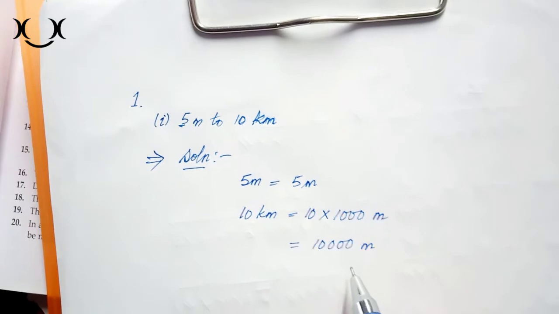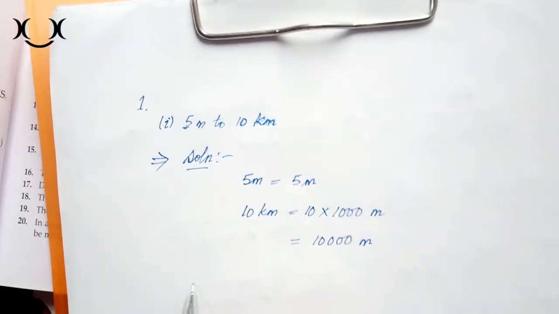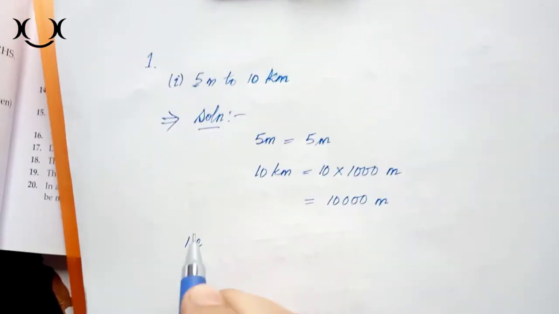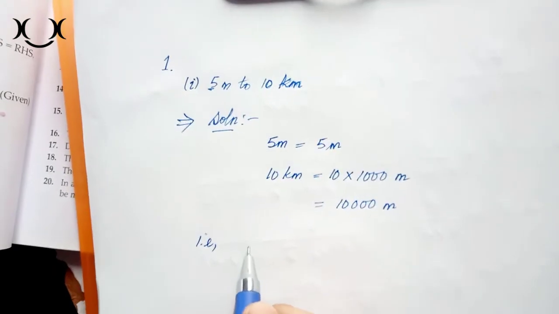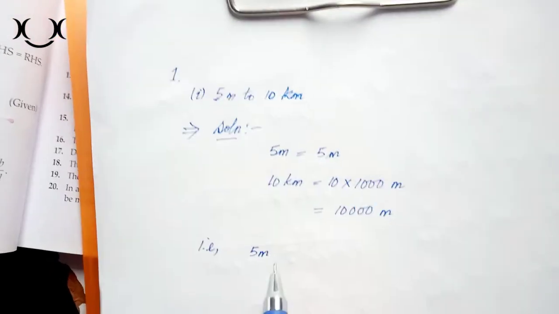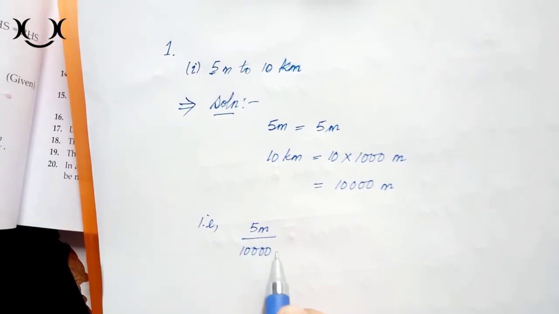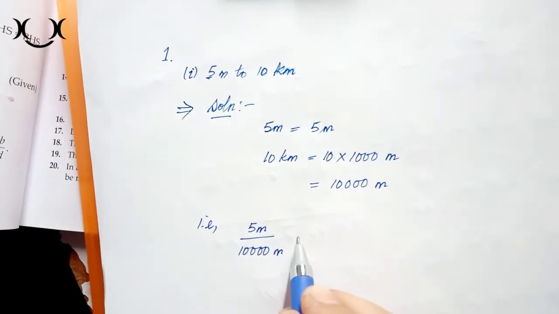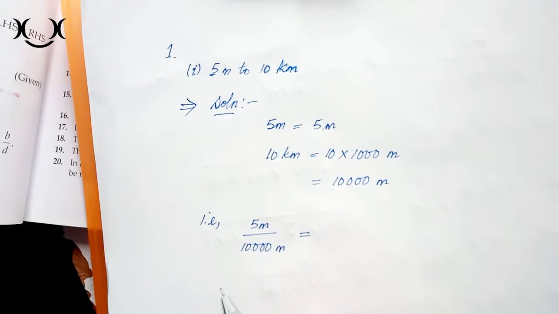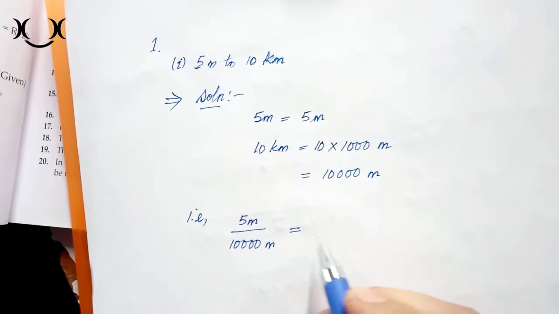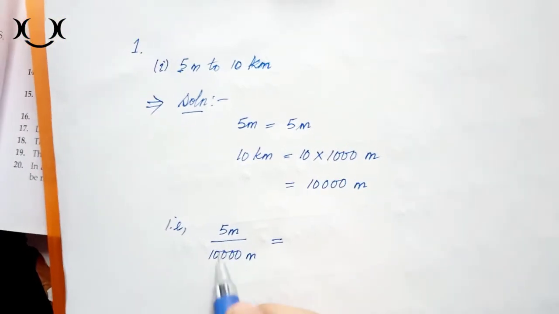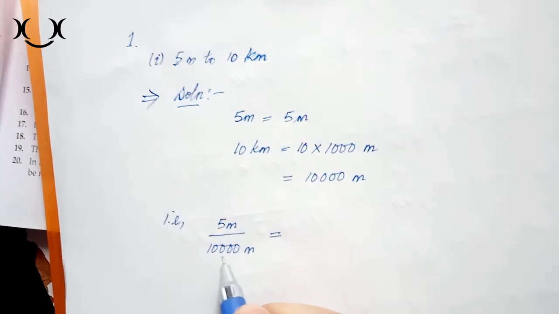I have to put that in a ratio. So that is 5 meter by 10,000 meter. I can calculate this together, so I will divide 10,000 by 5.